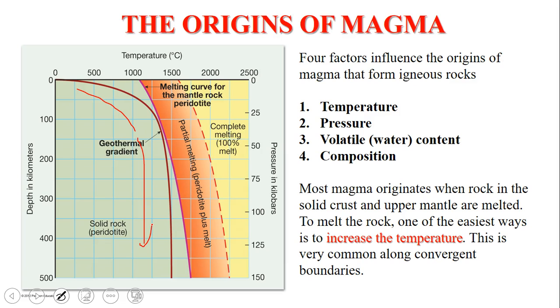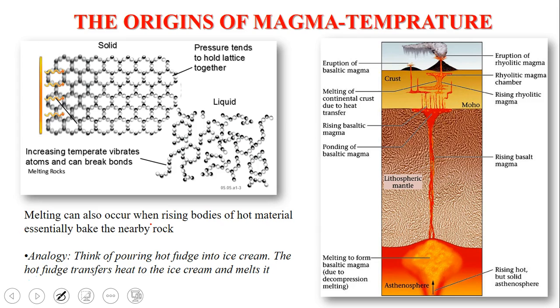Here's what's happening at convergent boundaries. In this case, we'll talk about an oceanic to continental convergence. An oceanic plate is going to subduct underneath a continental plate. As it subducts, the temperature on it is raised. The temperature takes this solid lattice and basically breaks it.